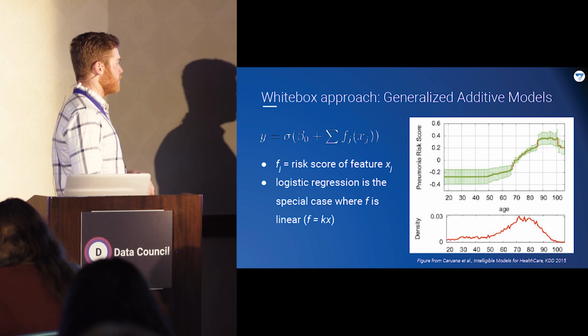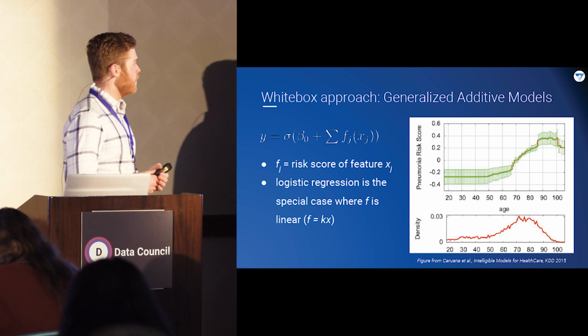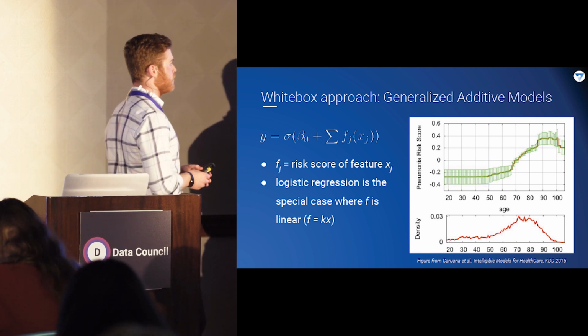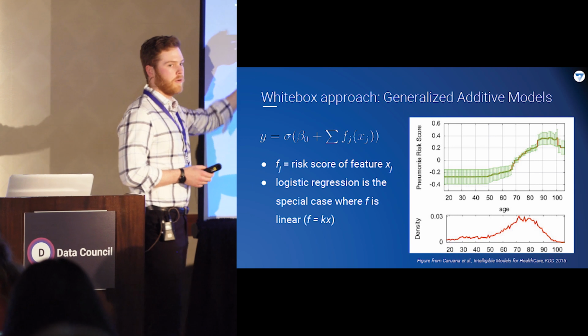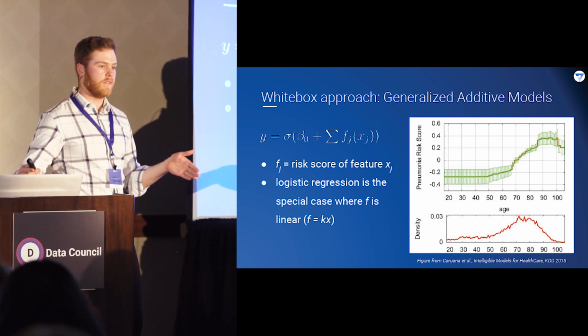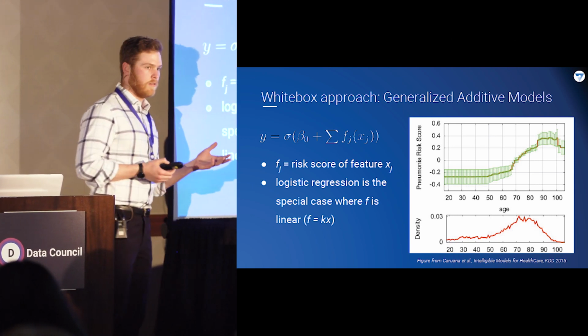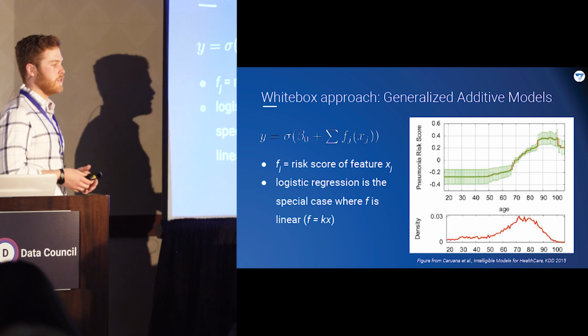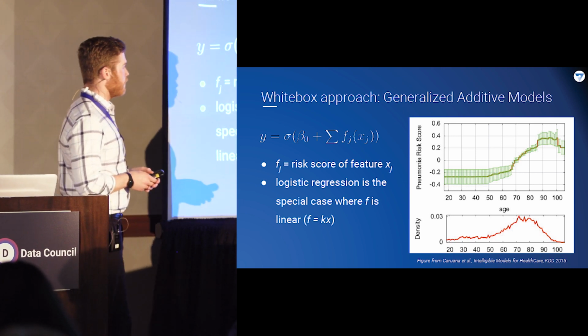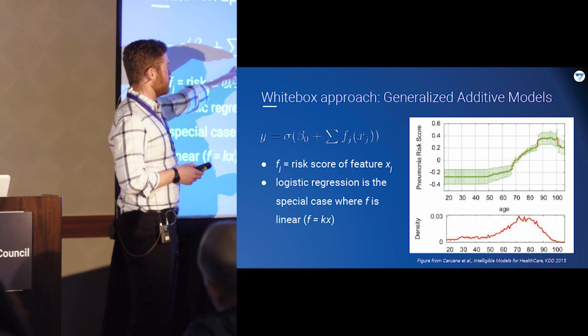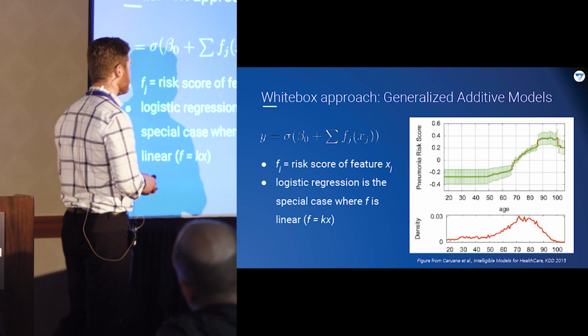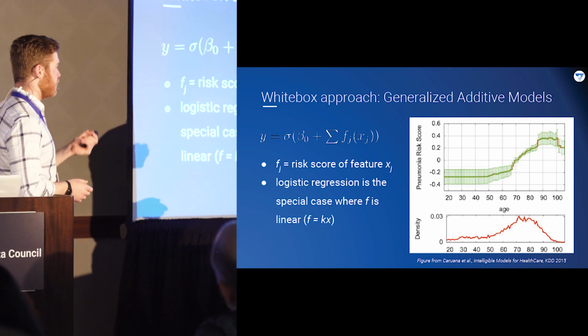Generalized additive models take a slightly different approach, where they put a set of activations through a link function, much like a neural network. But instead of stacking layer upon layer, or doing a simple weighted sum with just one layer, like a logistic regression, they learn a bunch of base functions, called f, that each transform a single input.